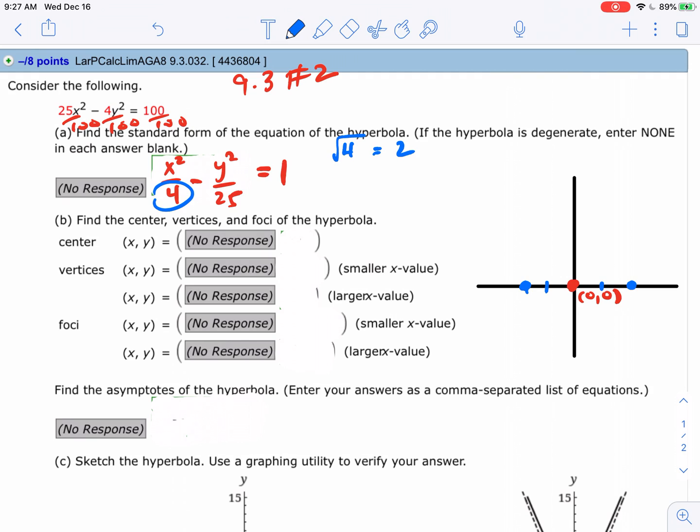So my vertices then are, I'll put it over here, negative 2, 0, and 2, 0. So you always do the smaller x first, larger next. That's what they're asking you to do. But I mark those vertices in blue.